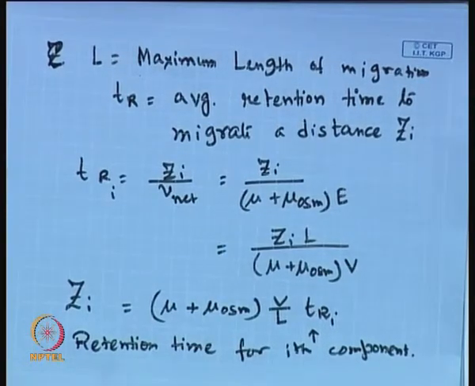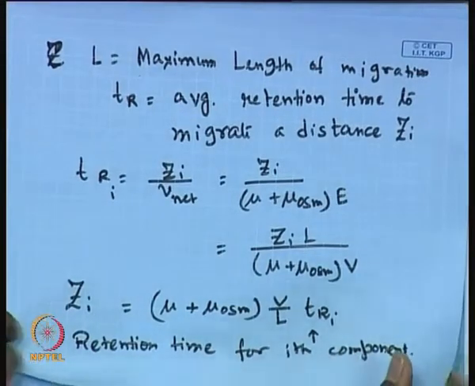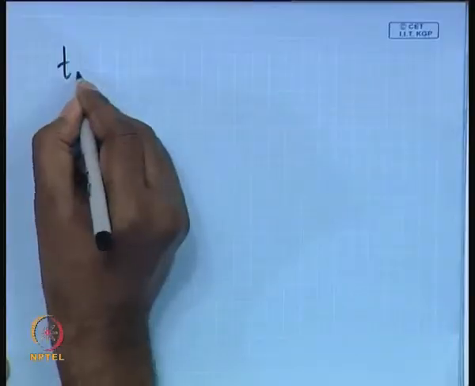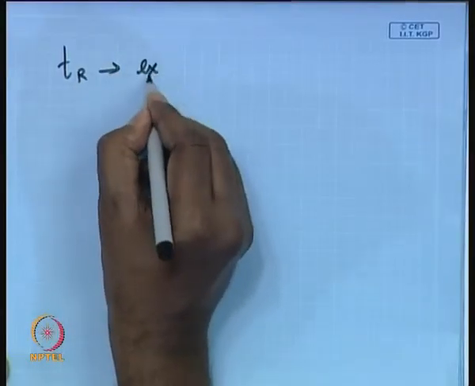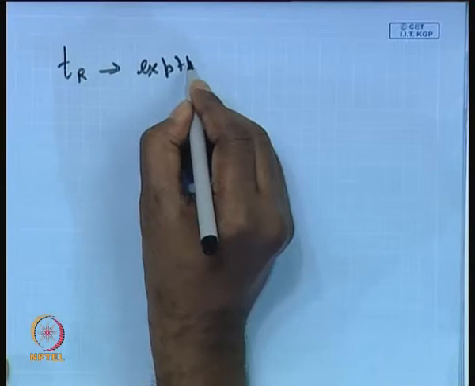Now, since the chromatographic run is for a fixed time, this retention time is nothing but the experimental time, and we know what this value is.